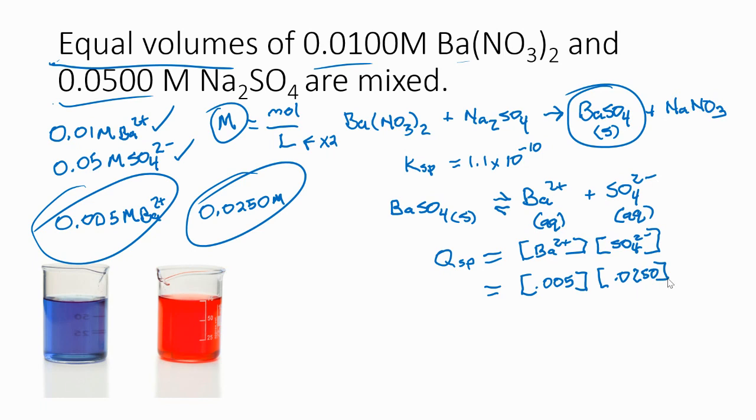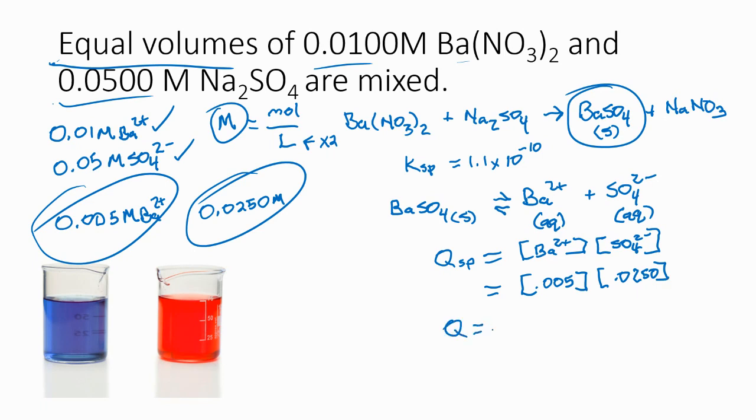If I take my calculator and I punch in 0.005 times 0.025, I get a very small number. I get 1.25 times 10 to the minus 4. Let me write that down.